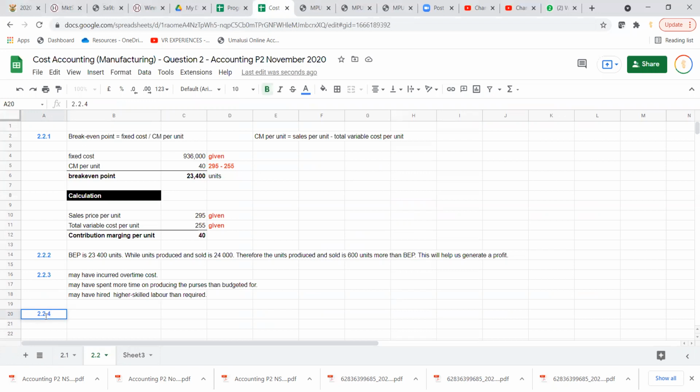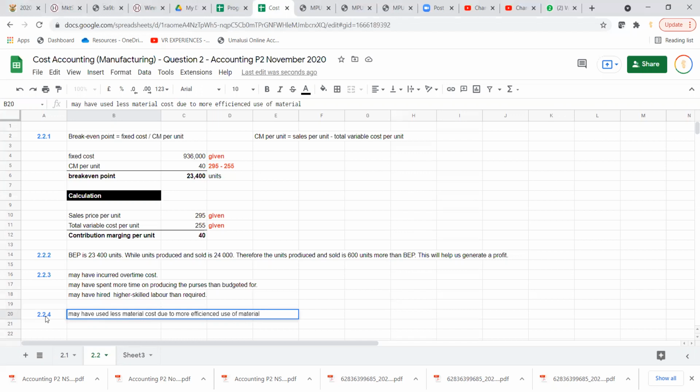May have spent more time on producing purses. Remember, spending more time increases labor costs. In this case, we have decreased material costs. So may have used less material due to more efficient processes. Okay, more efficient use of material.